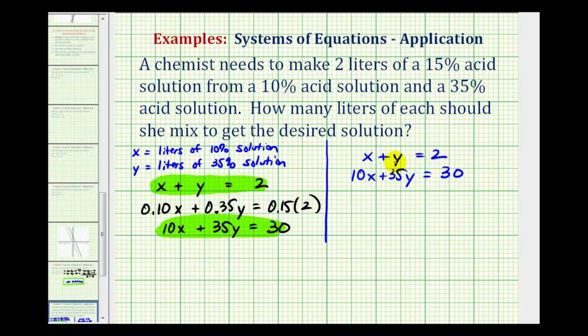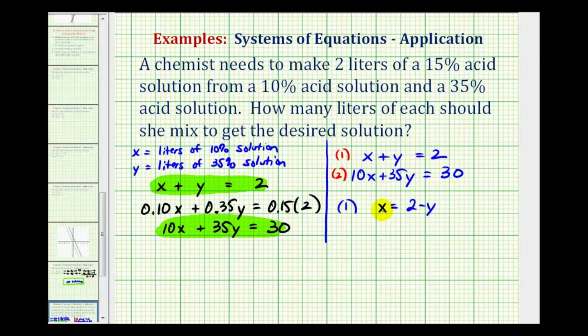Now we can solve this algebraically using elimination or substitution. If we call this equation 1 and this equation 2, we could very easily solve this first equation for x or y. To solve this for x, we would subtract y on both sides. So using equation 1, we would have x equals 2 minus y.